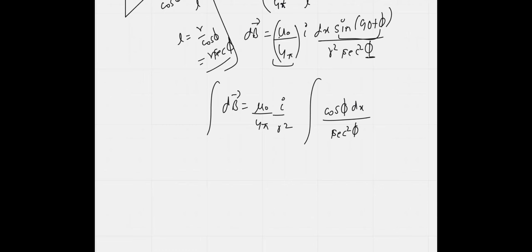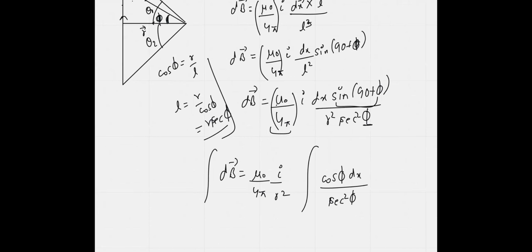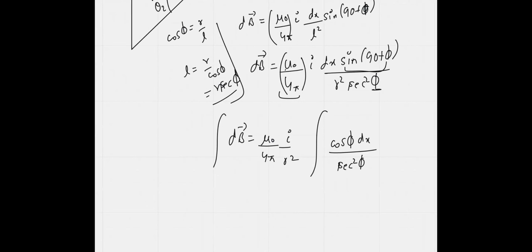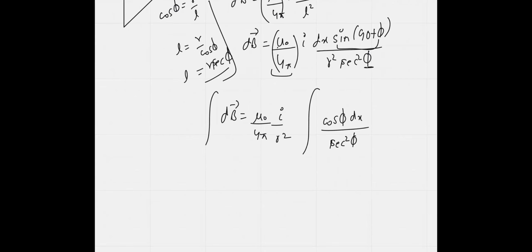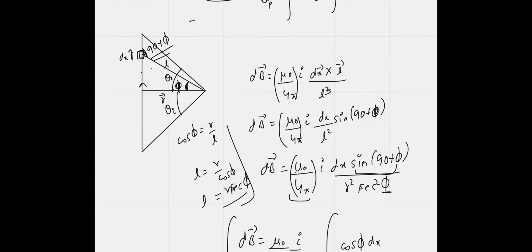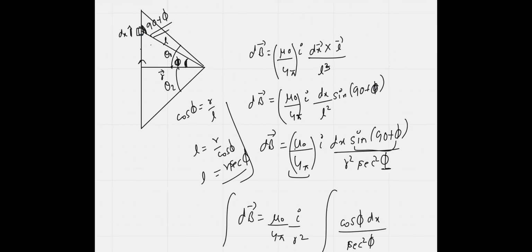And we have just derived the value of this L, as well as dx. What was the value we derived for dx? R secant phi. Actually, let's not go that way.